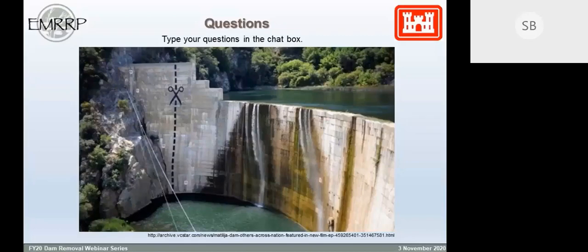I see a question from David Williams. Is there any concern on concentration of natural contaminants into the water column during release of stored sediment? I haven't seen anything specifically on that associated with dam removal, but I'm sure that could be a concern. Natural contaminants can be considered contaminants just like anthropogenic ones.